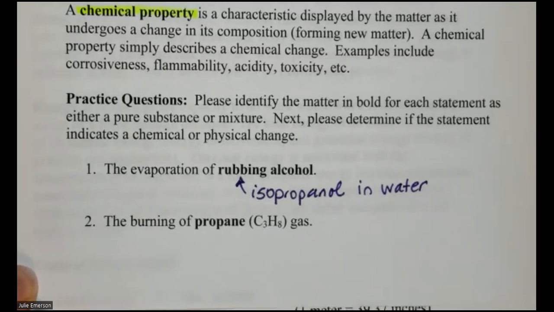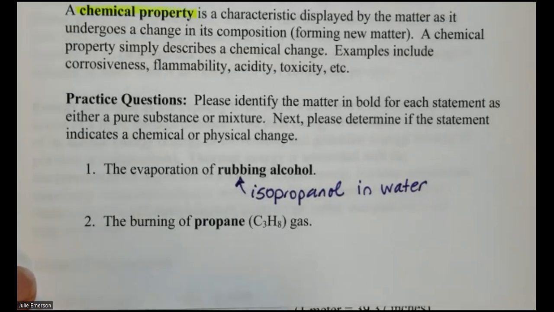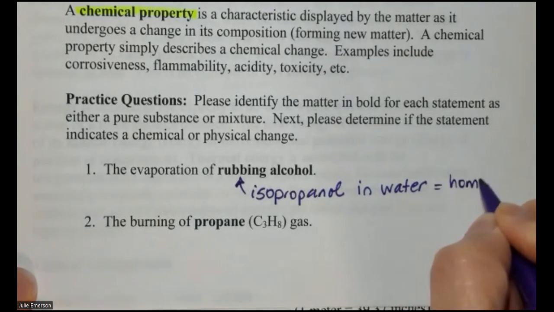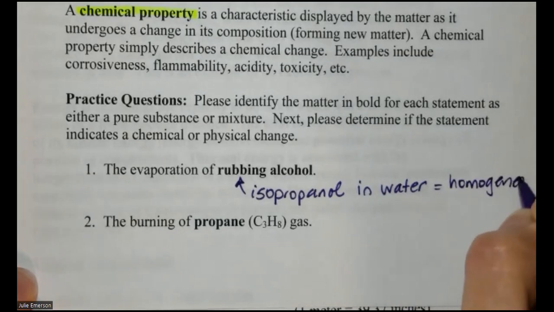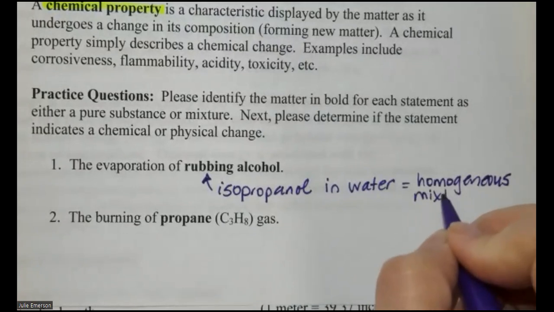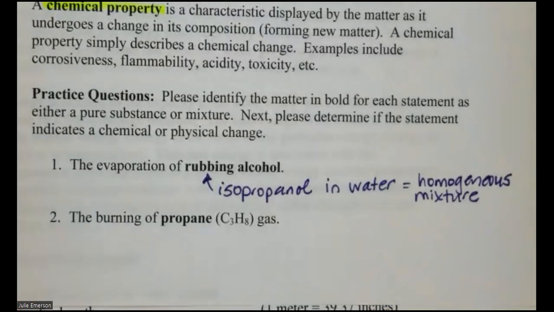However, when you use the rubbing alcohol, you can't tell the isopropanol from the water. So that means that this would be a homogeneous mixture. Definitely a mixture because there's two substances in there. Homogeneous though, because it looks the same throughout. All right, so that's the first part.